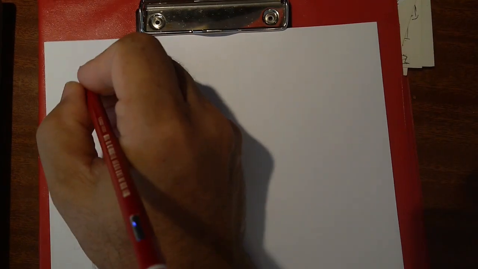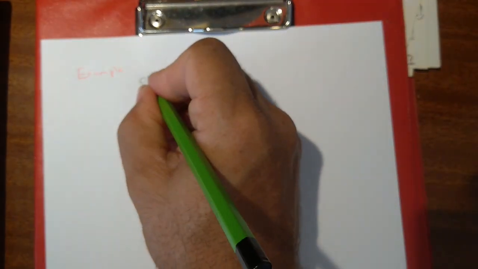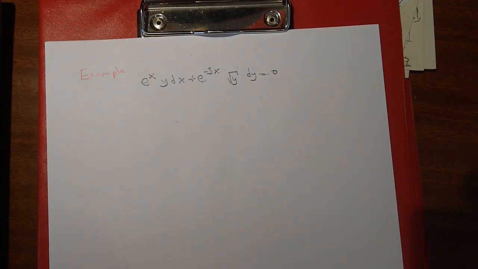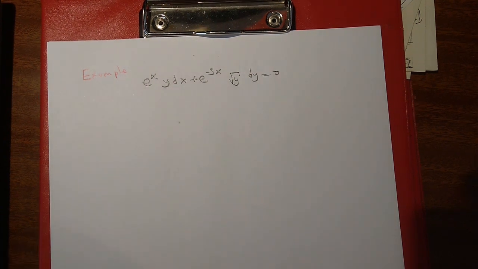So let's look at an example. So this is our differential equation: e to the power of x times y dx plus e to the power of minus 3x times square root of y dy equals 0. So we are looking for a general solution to this differential equation, right?